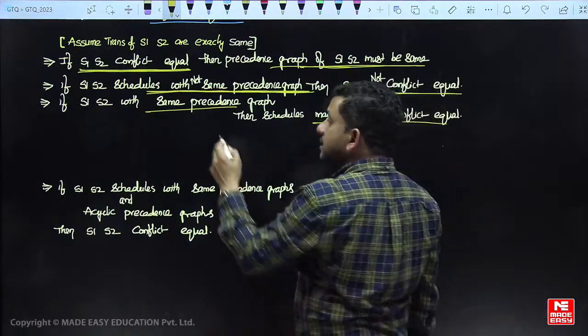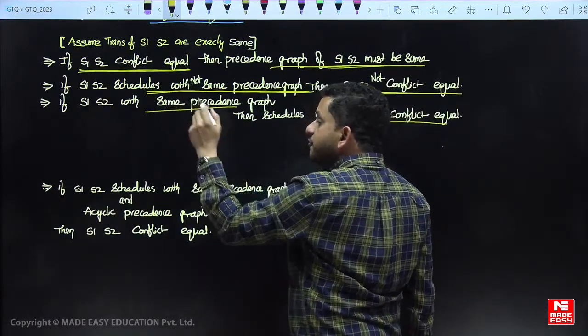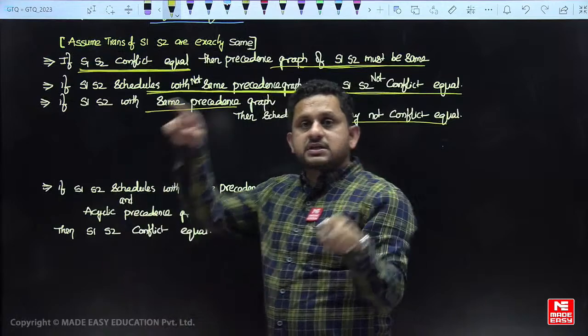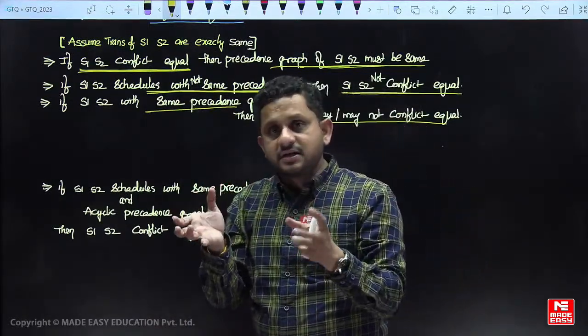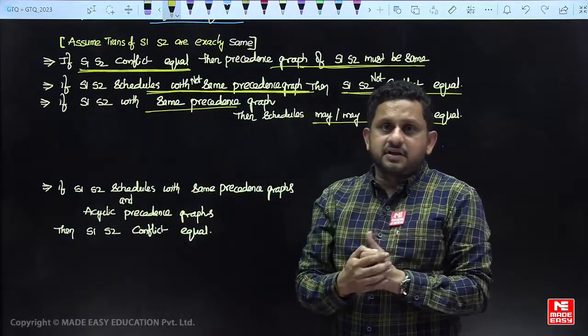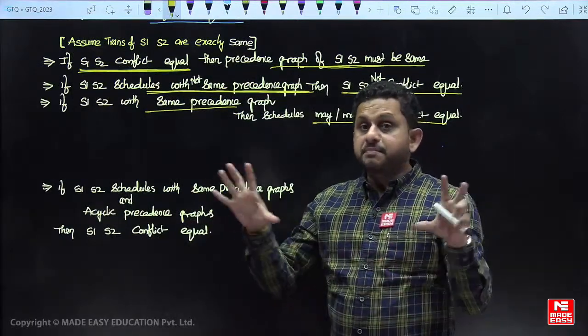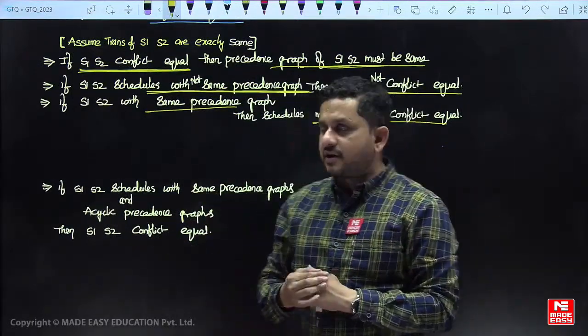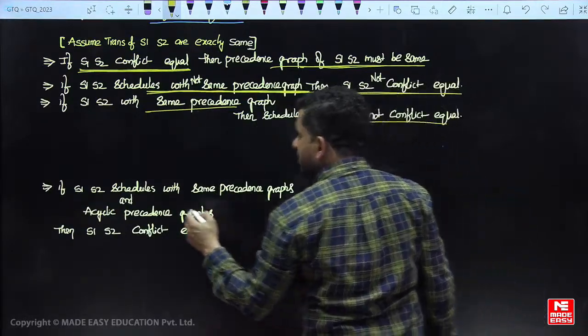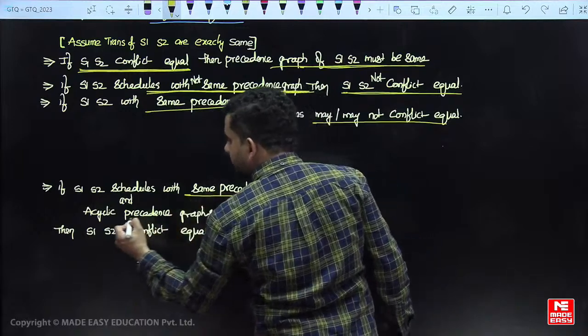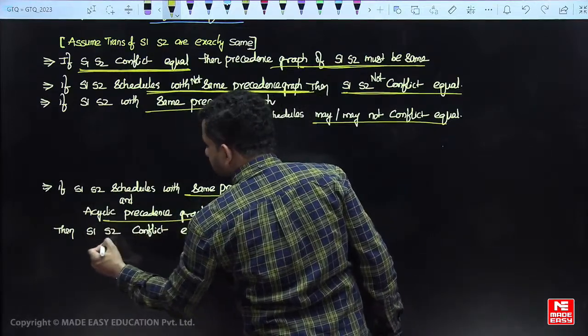Because if the graph forms a cycle, many conflict pairs can be in different precedence, but it may be in the same cycle. So the same precedence graph may or may not be conflict equal. And if the precedence graph is the same and acyclic, then conflict equal.